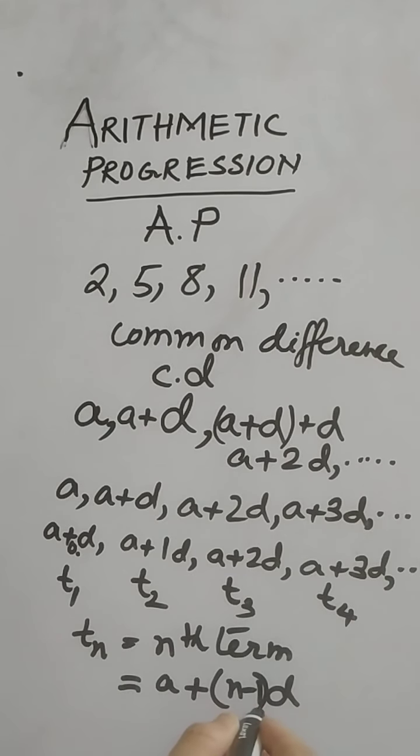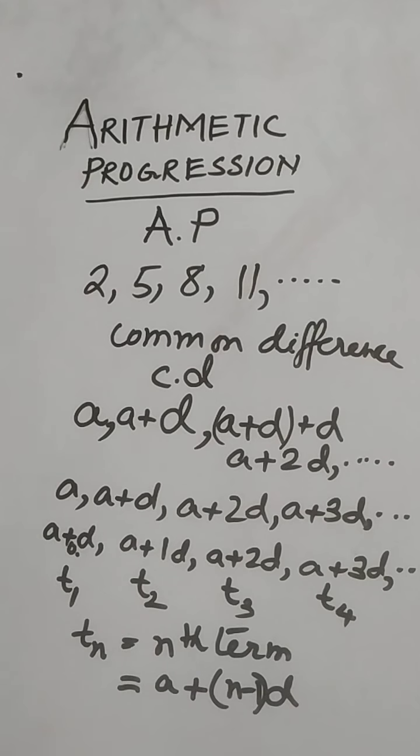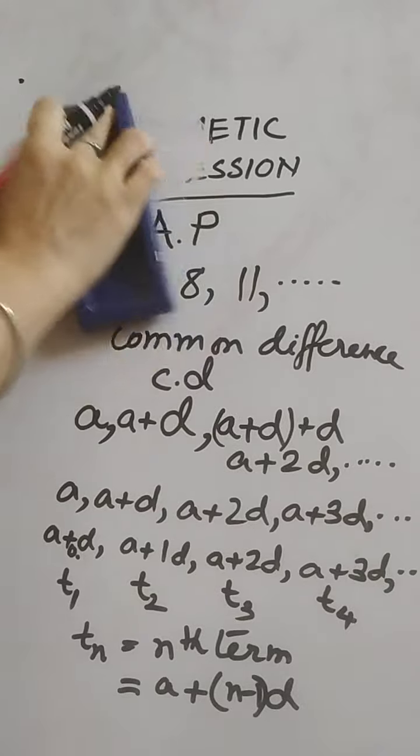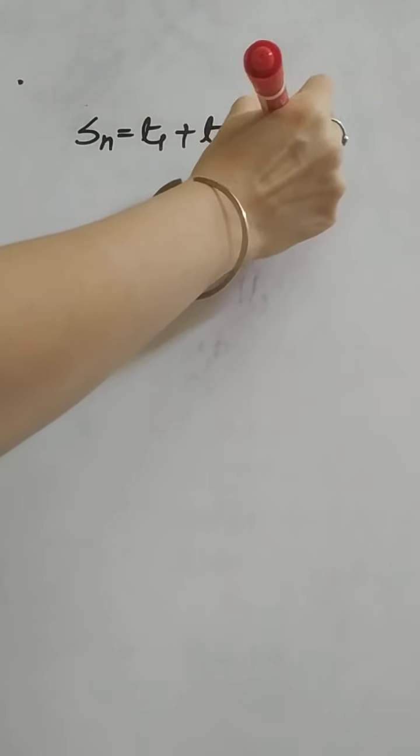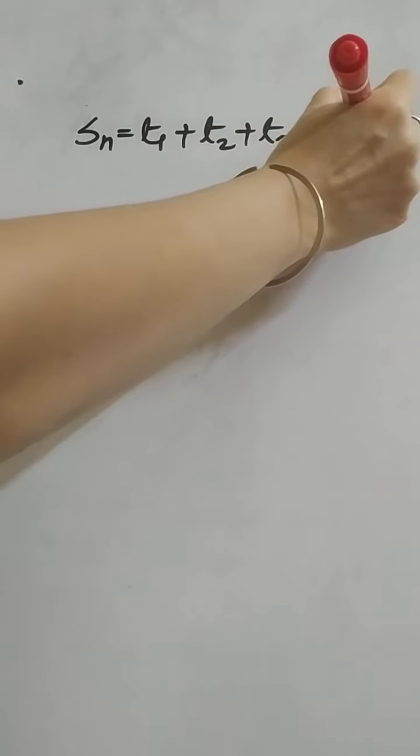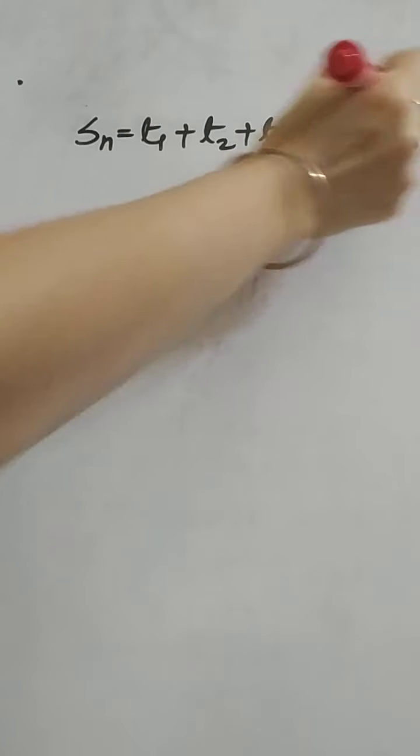Okay, so let's see what will be the sum of n terms. Let us erase this one and see. I want to find Sn, which is the sum of n terms, T1 plus T2 plus T3 plus dot dot dot plus Tn.